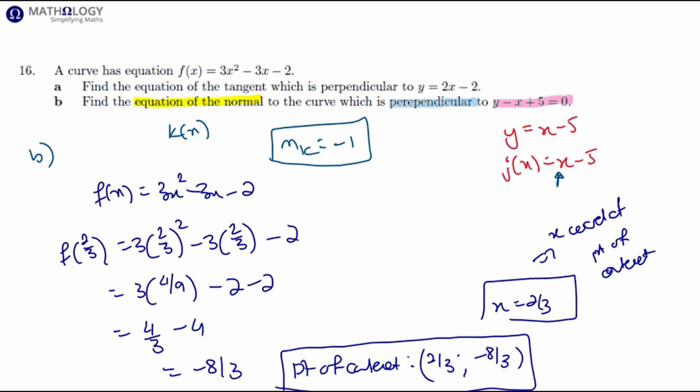This point of contact will be the point of contact between the normal and the curve. And we have the gradient of the normal, we have the point of contact of the normal. We can now find the equation of the normal.